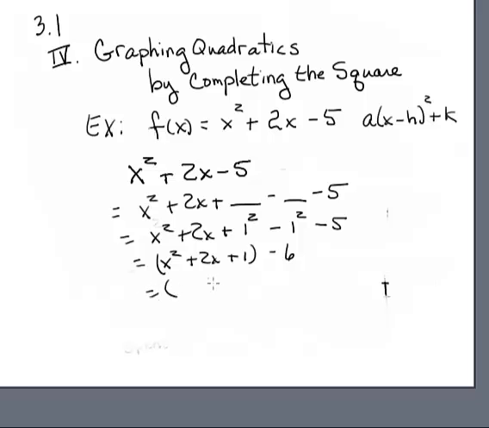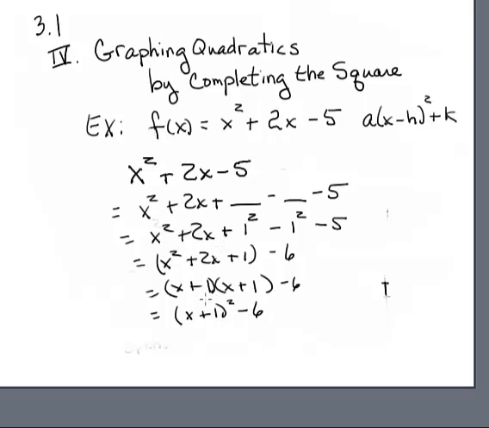And this factors into x, and if this is a plus, you put that in both of them. I factor that into 1 and 1. So I get (x plus 1) squared minus 6.